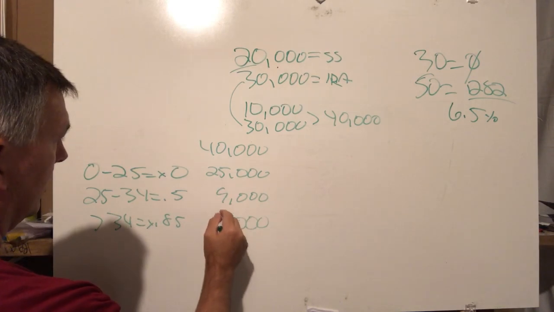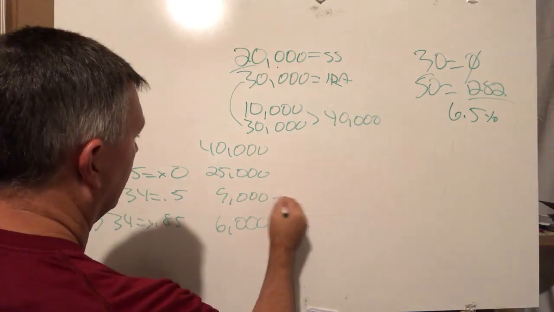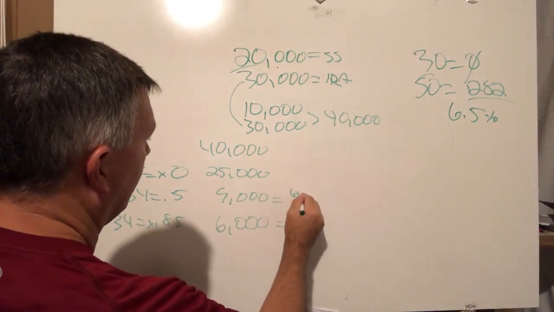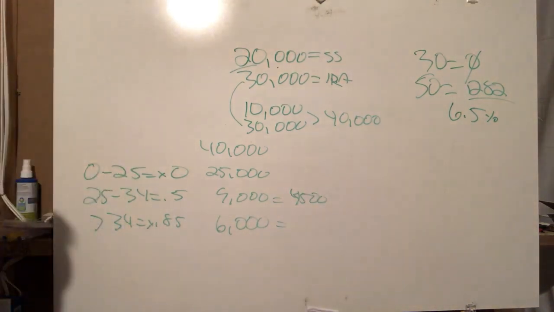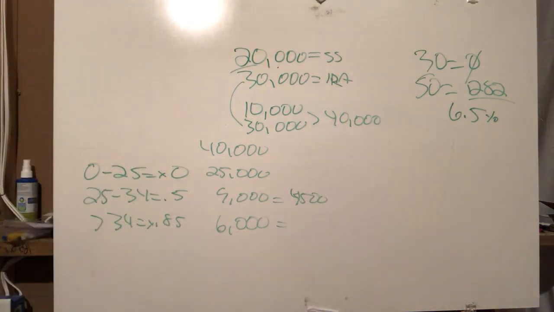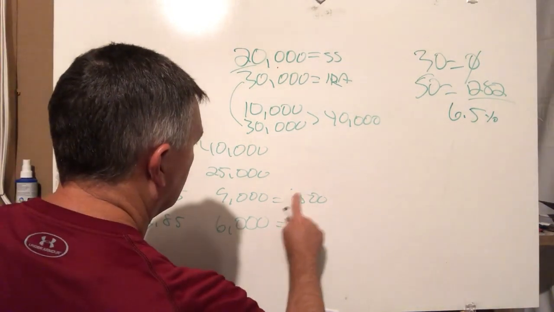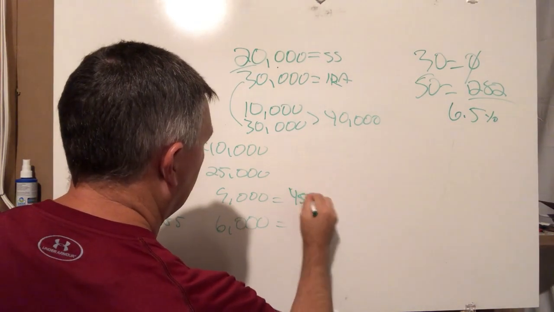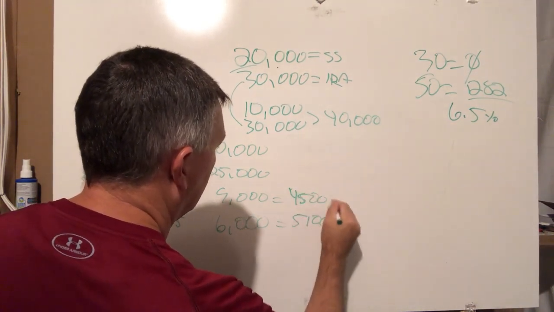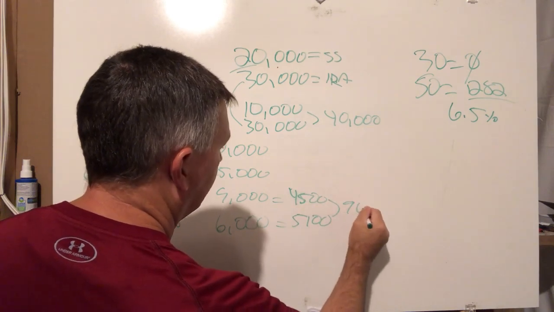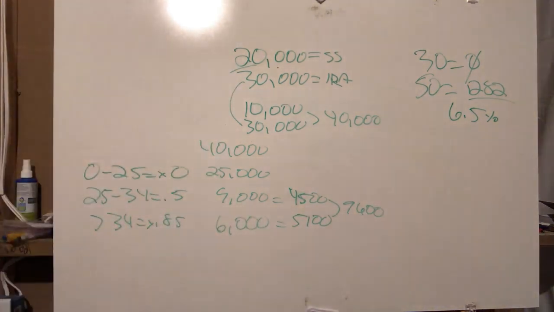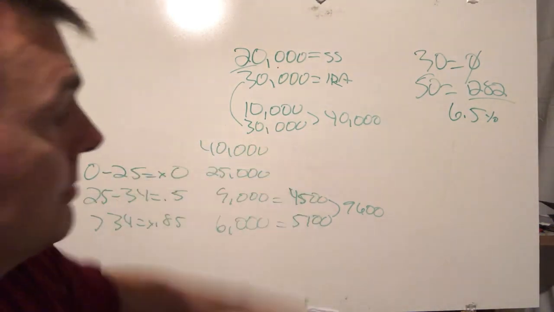So 31. Yeah, there you go. So that's $4,500, and $6,000 times 0.85 is what? $6,000 times 0.85 is $5,100. $4,500 plus $5,100, so that's $9,600.